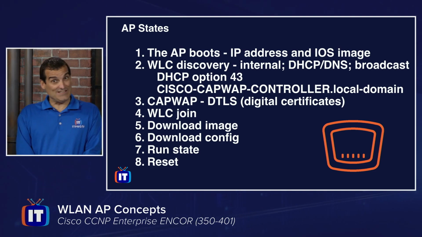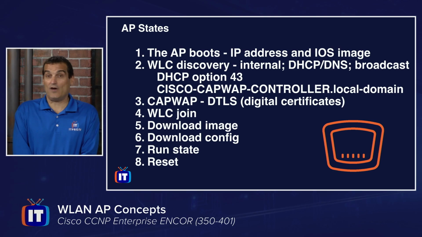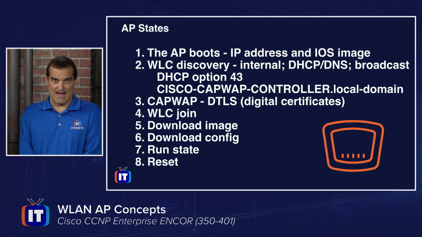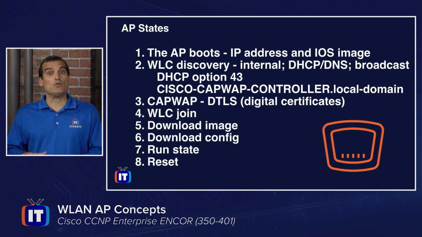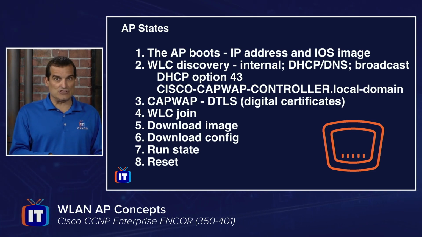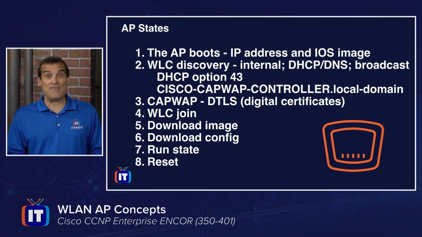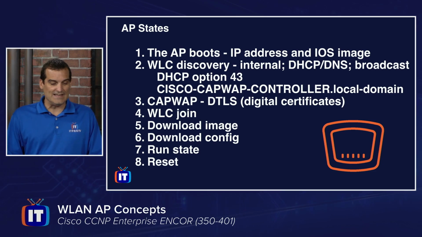Would you think DHCP would be in use here? Yes, oftentimes that's exactly what's going to happen. The AP uses DHCP to give itself an IP address, and it loads its IOS image. As we'll see coming up, that image may be blasted off it and upgraded by the wireless LAN controller, but there is that initial image that loads.